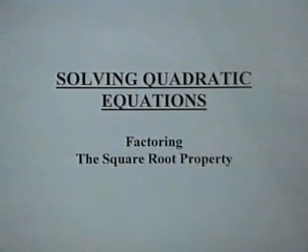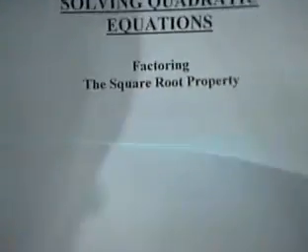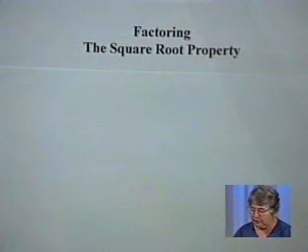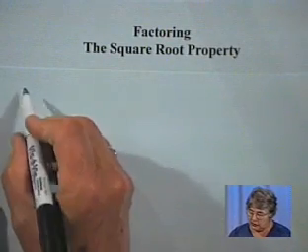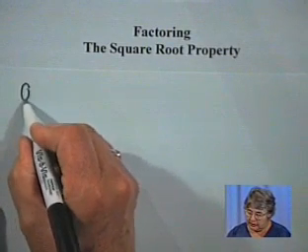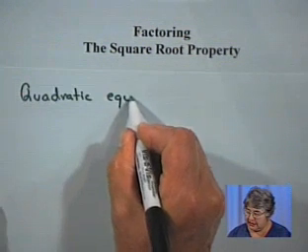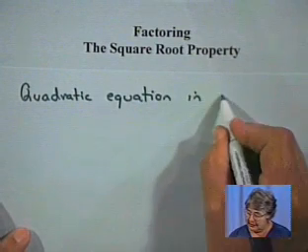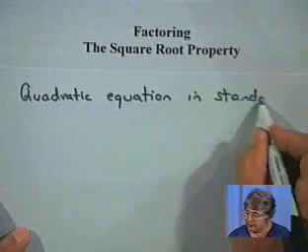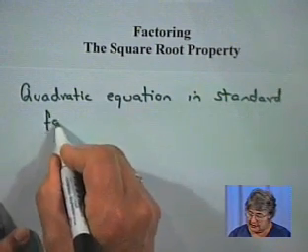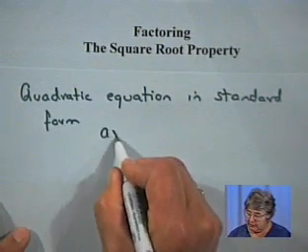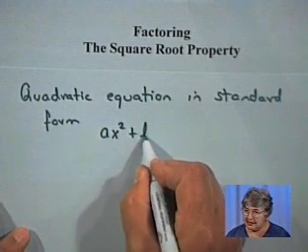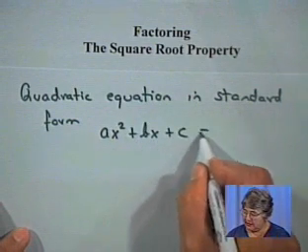quadratic equations. But first of all, let's talk about a quadratic equation in standard form. The standard form is the following: something times x squared plus something times x plus a constant equals 0.